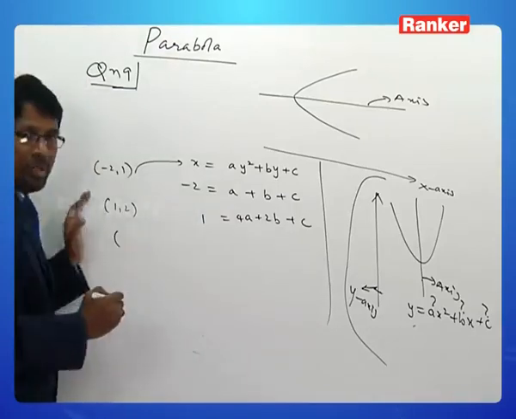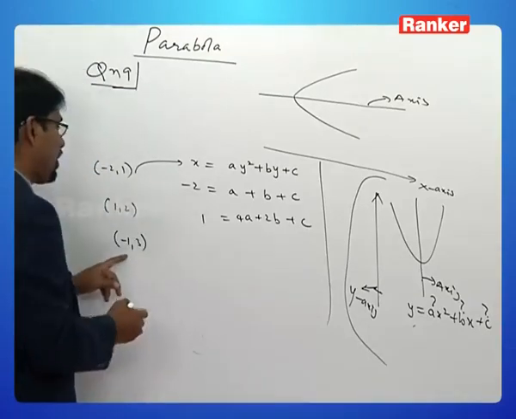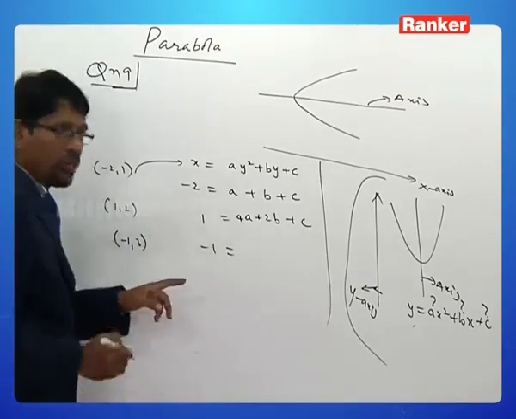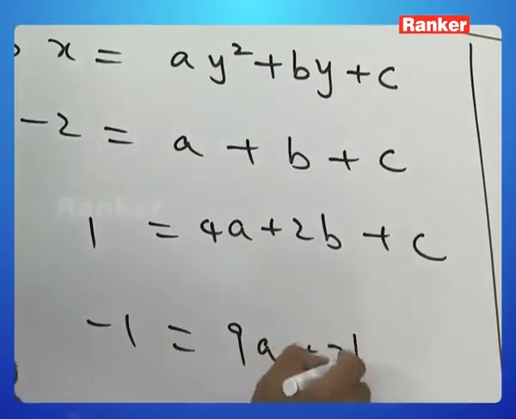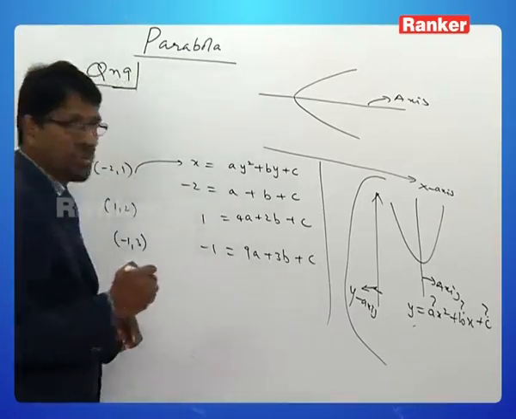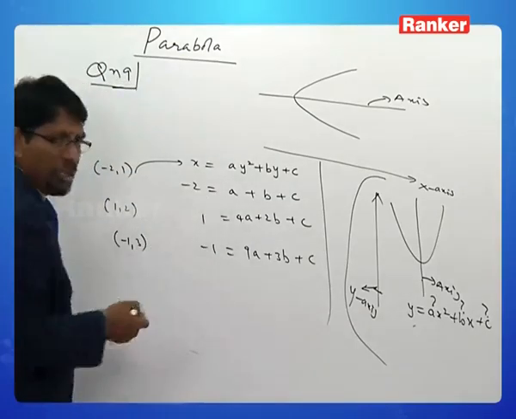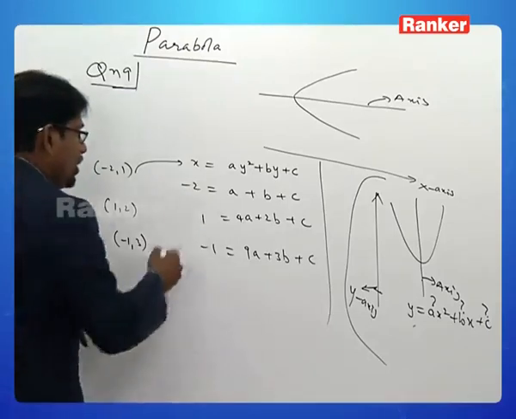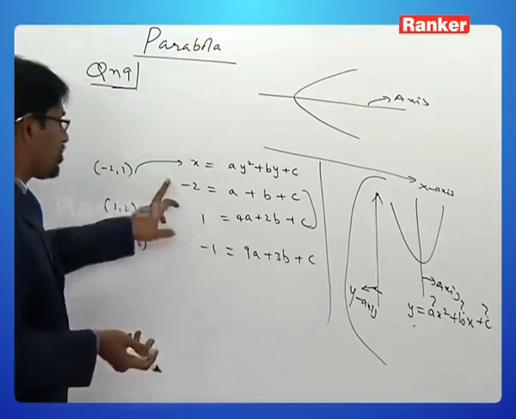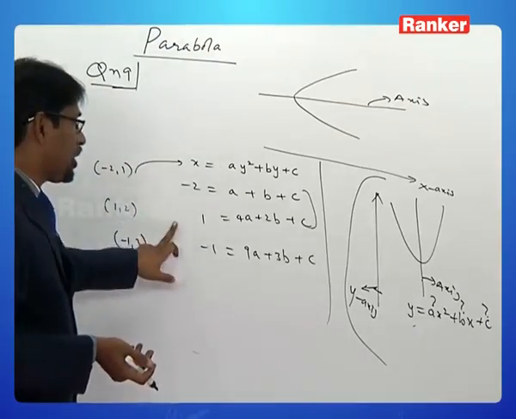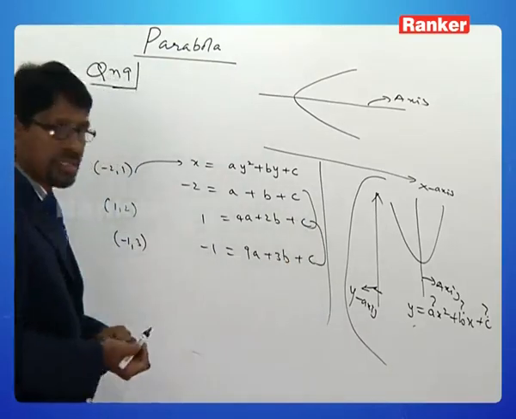And also we are given minus 1 comma 3 lies on it. So x equal to minus 1, so 9a plus 3b plus c is equal to minus 1. Now solving for a, b, c, we can easily eliminate c from these equations, subtract the first equation from the second equation, then you get the values of a, b, c.